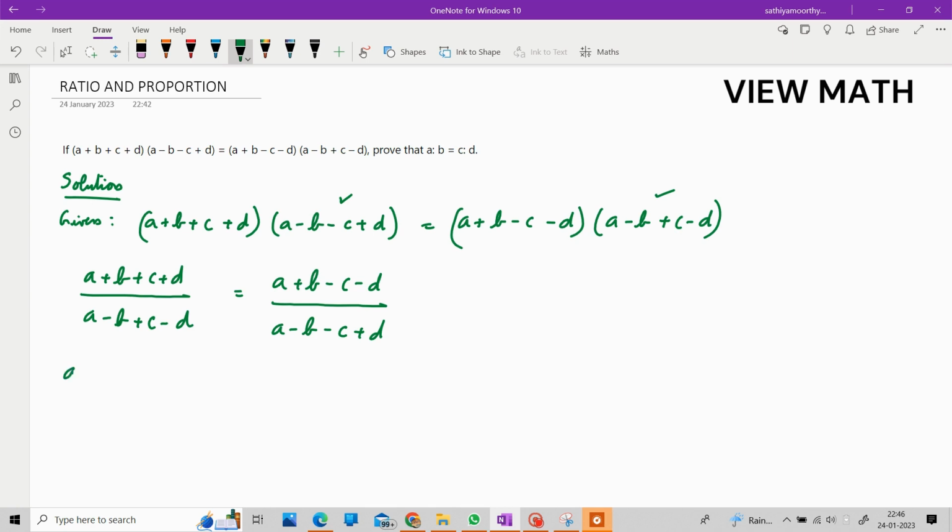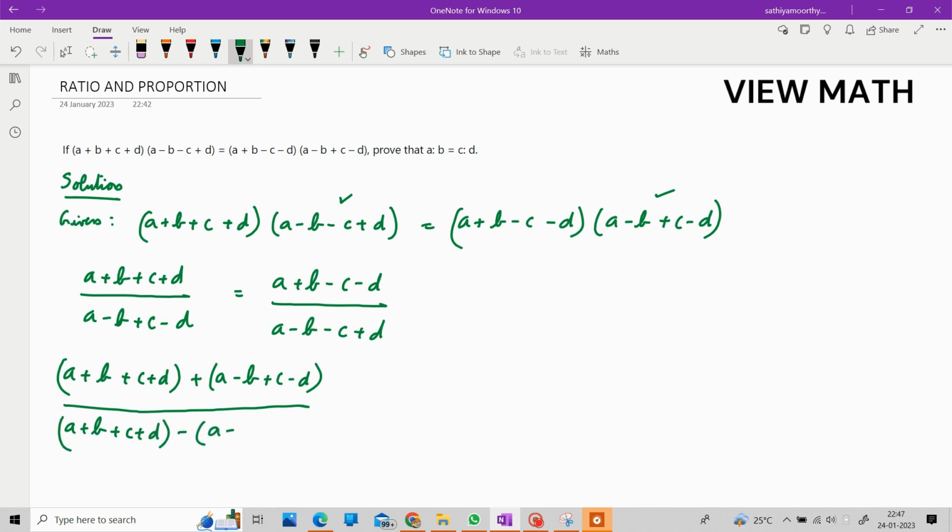So I'll be getting (a + b + c + d) plus (a − b + c − d) divided by (a + b + c + d) minus (a − b + c − d).